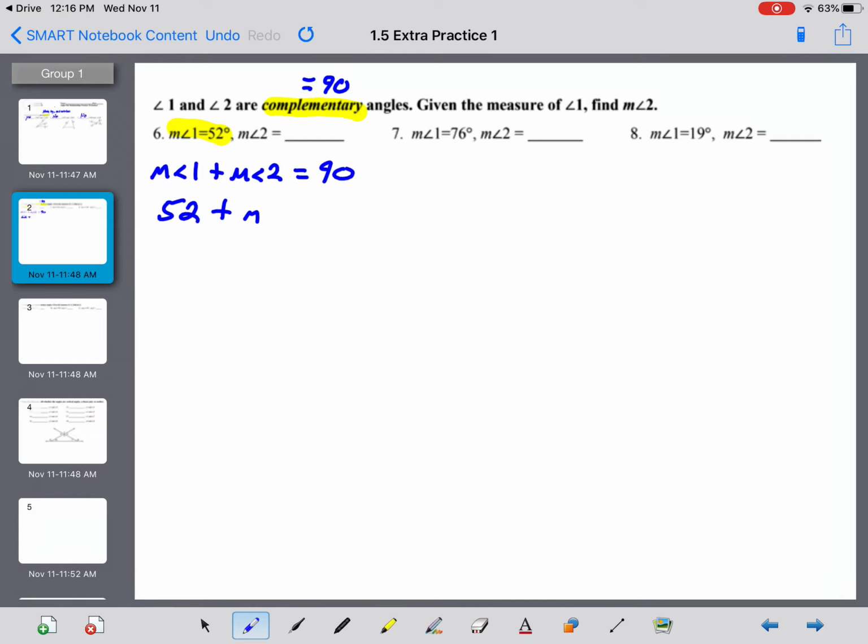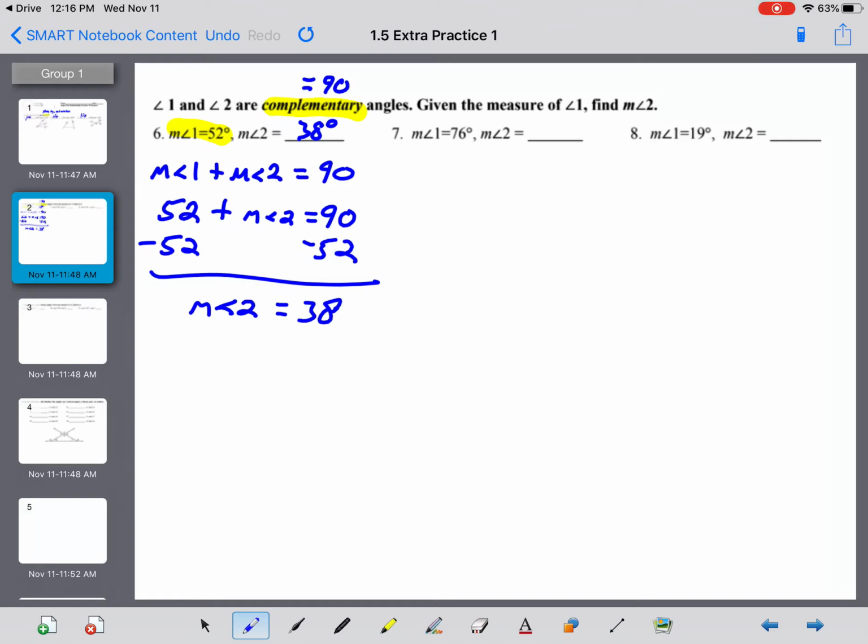We're going to keep it as the measure of angle 2 equals 90. I'm going to subtract 52 from both sides, and the measure of angle 2 is equal to 90 minus 52, which is 38 degrees. Okay, so 38 degrees.